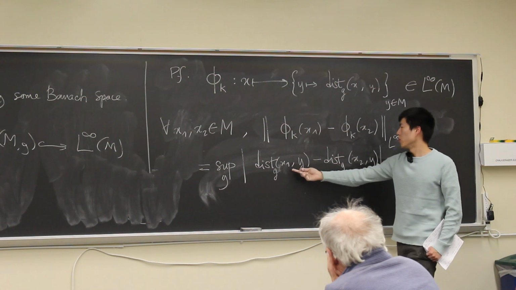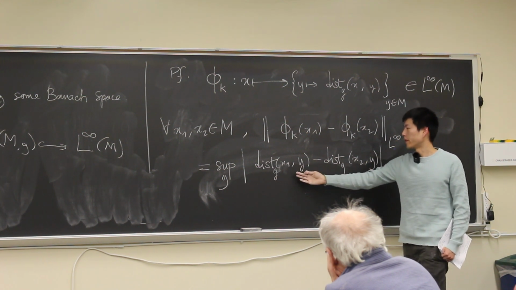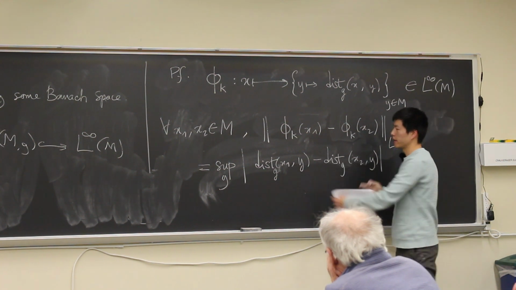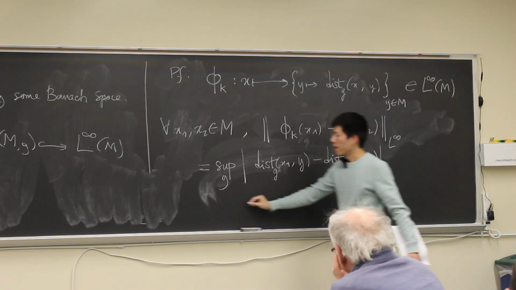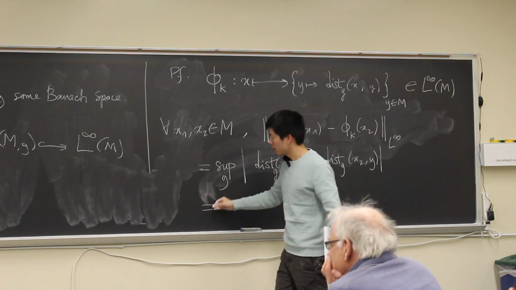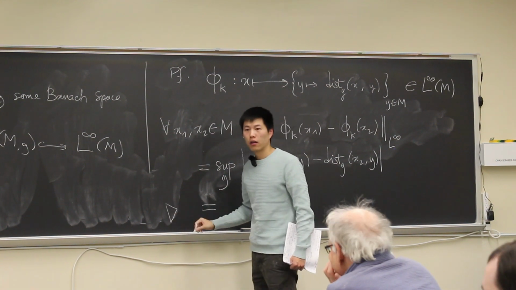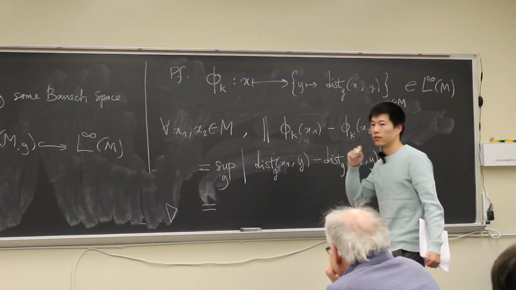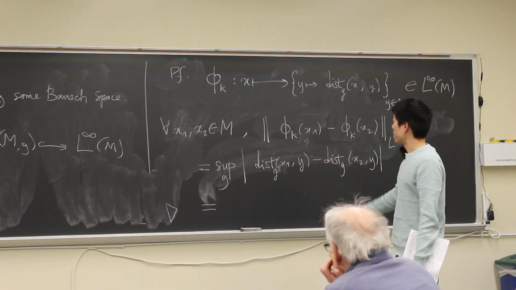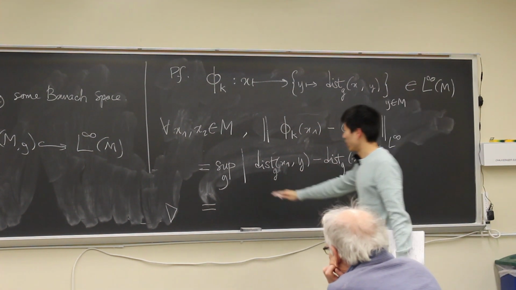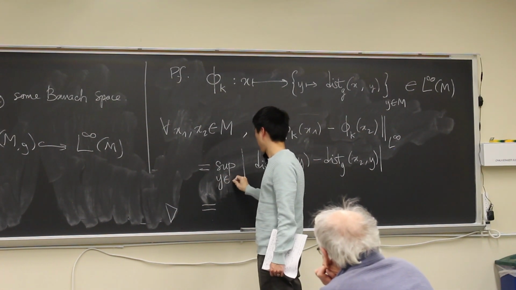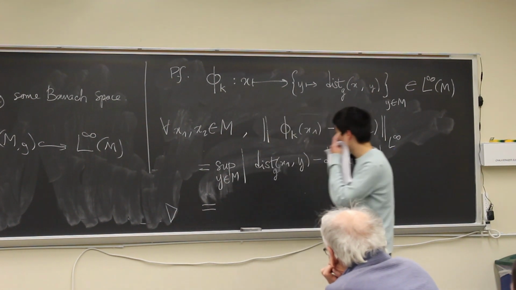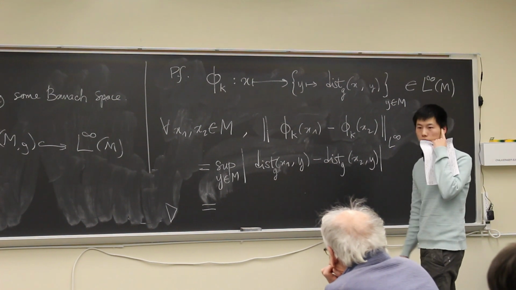If y is equal to x1 or x2, you get that this quantity is exactly the distance between x1 and x2. And in fact, using the triangle inequality. I don't understand. What do you mean the sup over y, y is fixed? This. Oh, yeah, y. Sorry. So y. Yep.